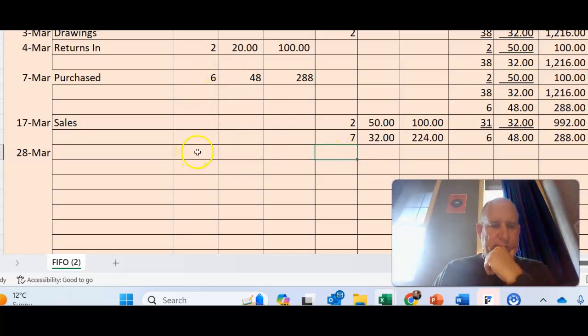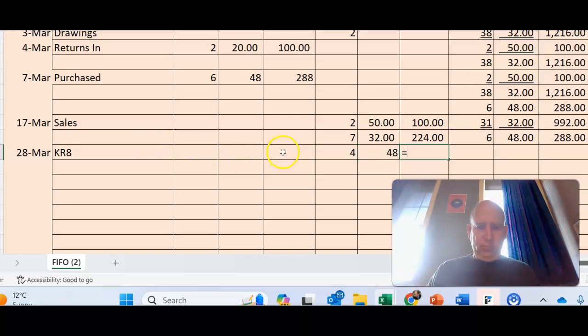They should have gone to KR8s, and these 4 of them go out. The price is 48. So we've still got 31 at the 32 price, and at the 48 price, instead of having the 6, we've only got 2.